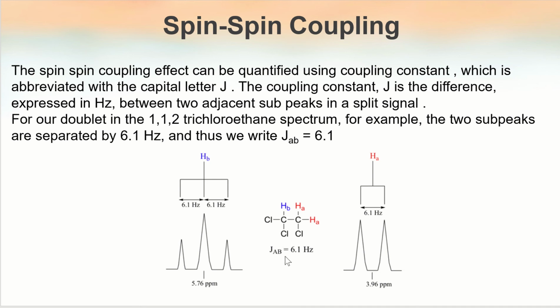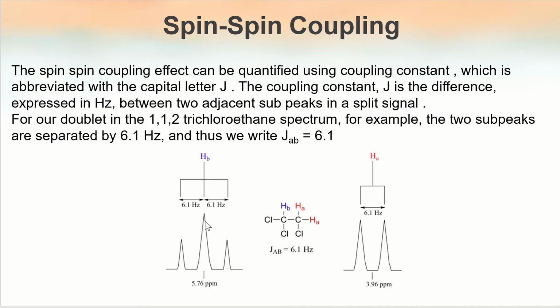And this is an important attribute that we can get from the spectrum, because if the splitting works out to be the same, then we can surmise that these protons are adjacent to each other. So anytime you see data and we can immediately pick up similar J values, then we can know for a fact that these sets of protons are adjacent to each other because they have the same J value.